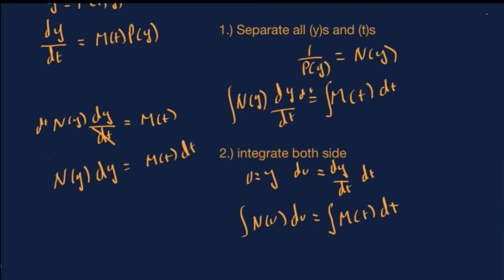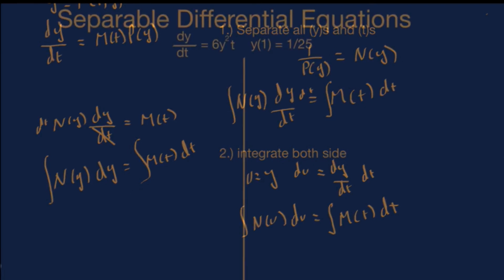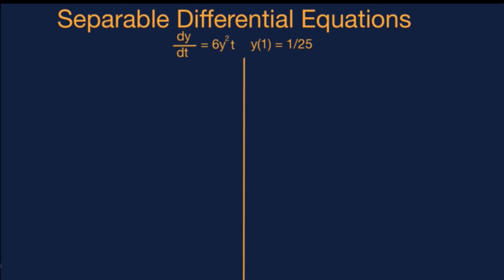And so if we just integrate it like this, then that would get us to our solution much faster. And to show how both of these methods actually lead to the same solution, we will solve this initial value problem. And we'll use both methods side by side so we can compare.